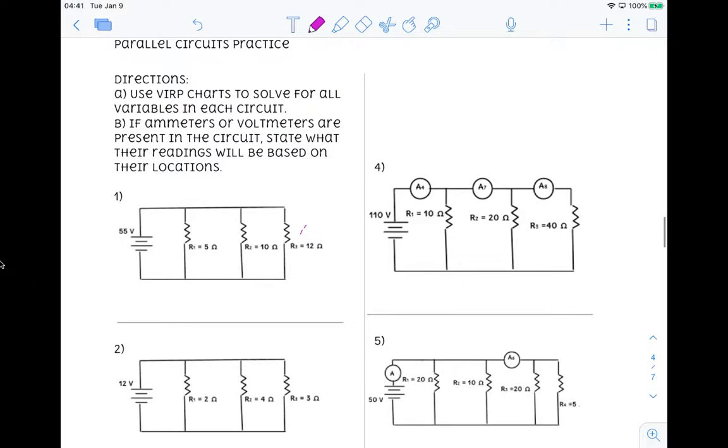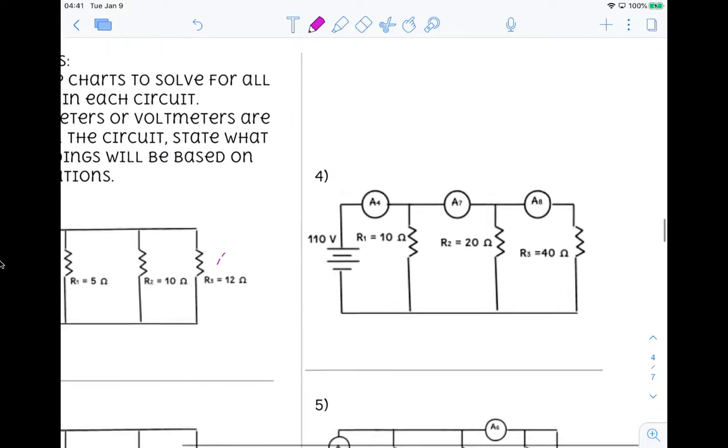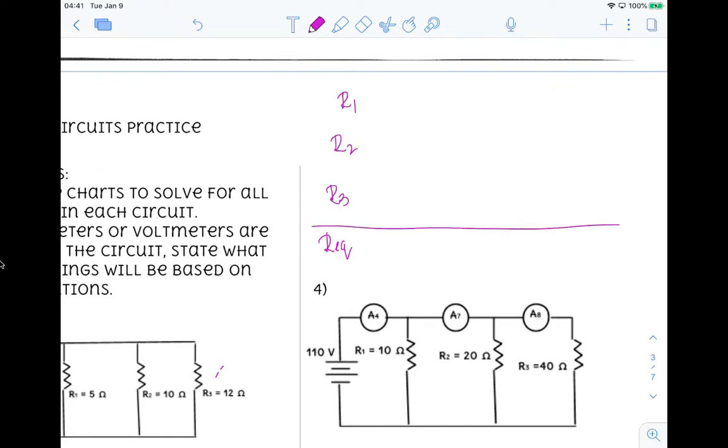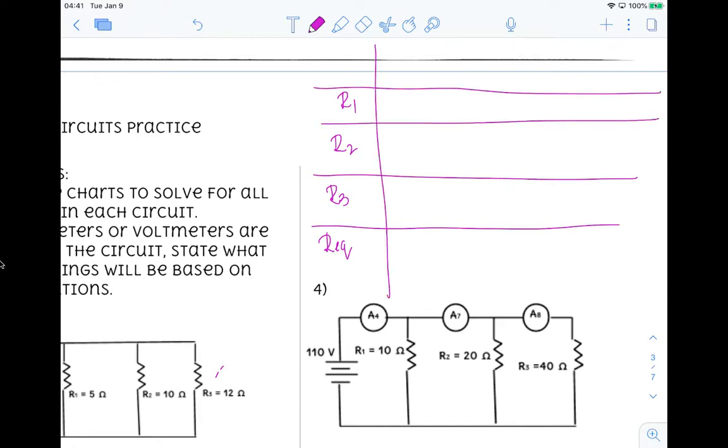If we look at number 4, this question right here has 3 resistors. So we're going to make our diagram quickly, also indicating our REQ down here. We have V, we have I, we have R, and lastly, of course, P. All right, so let's go through and fill this in.